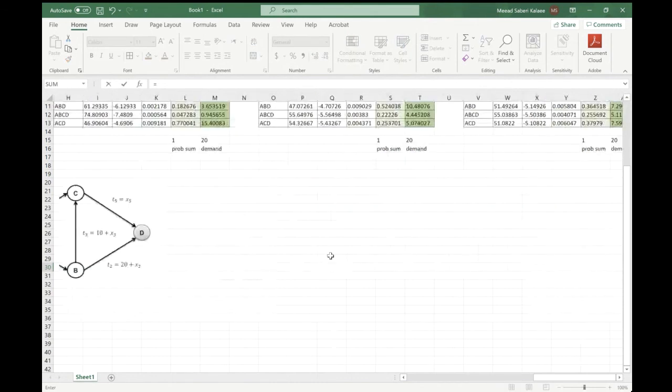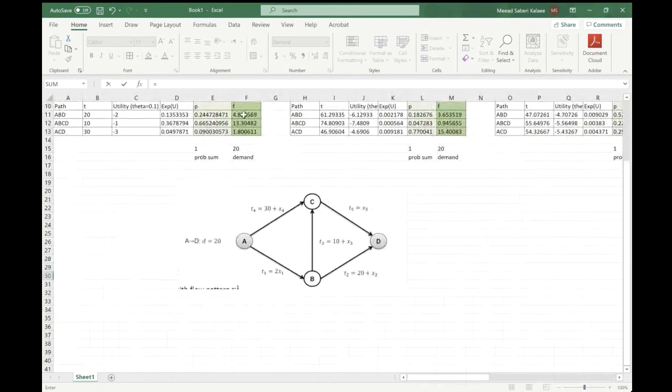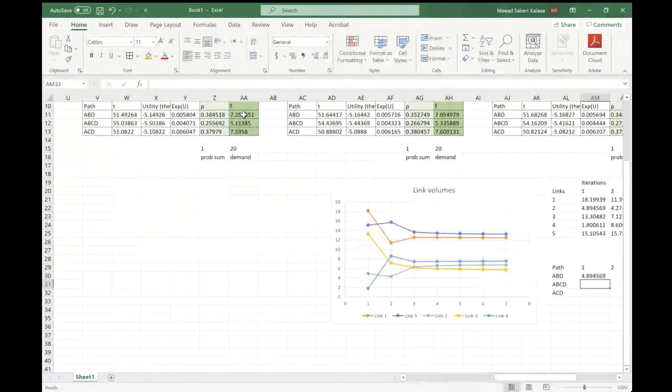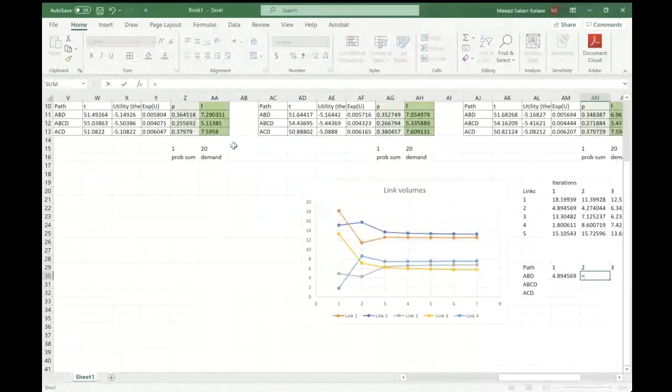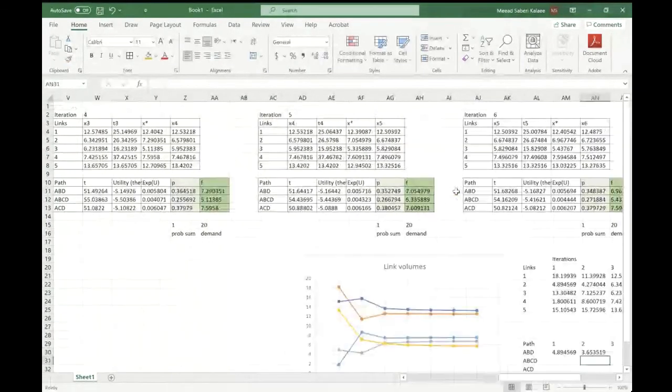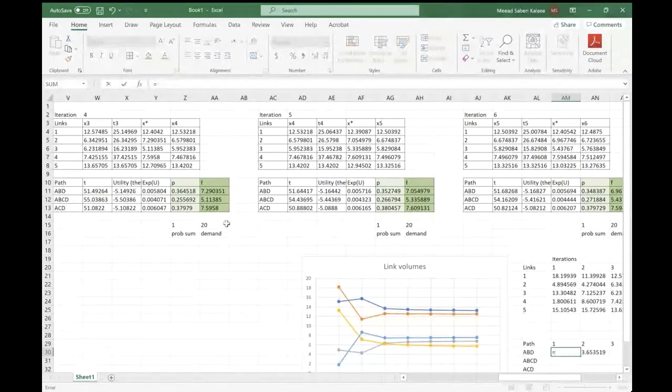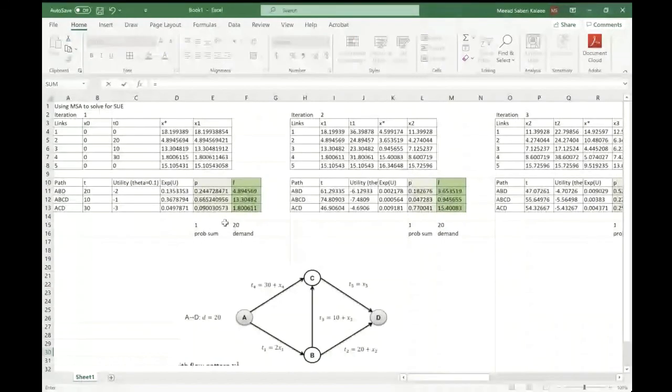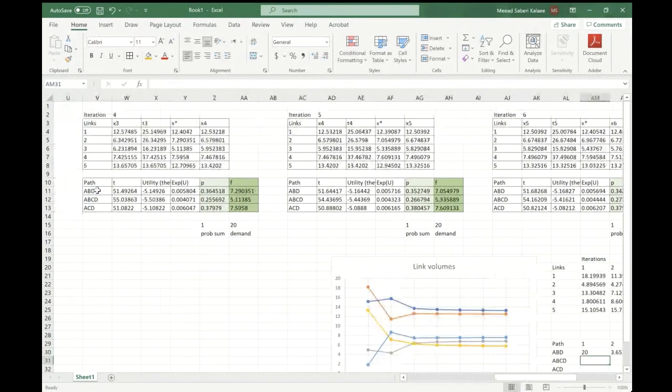So path 1, where are you? So ABD, then the second iteration is here. Sorry, I'm looking at the flows. I need the travel times. So the first travel time is basically when the network is empty.